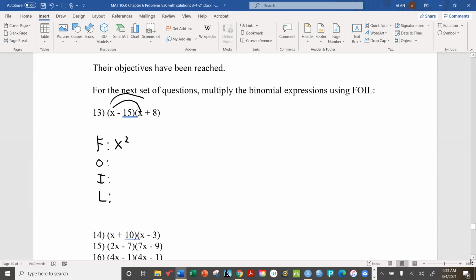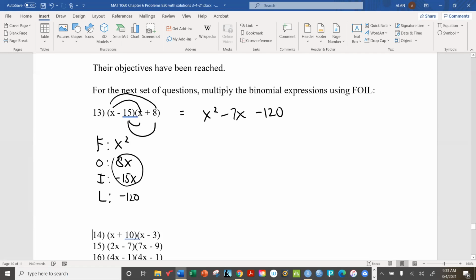X squared. Outer is these two. Inner is these two. And last is these. In many of these cases, not all of them, the O and the I can be consolidated with each other. So we'll have x squared. When you consolidate these two terms, you get minus 7x.